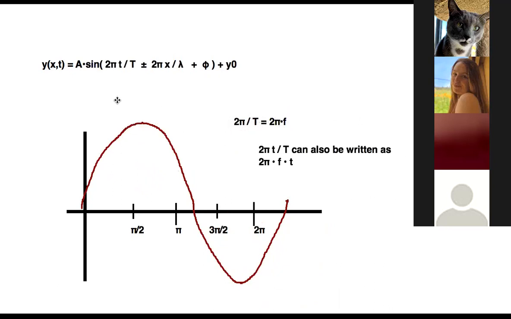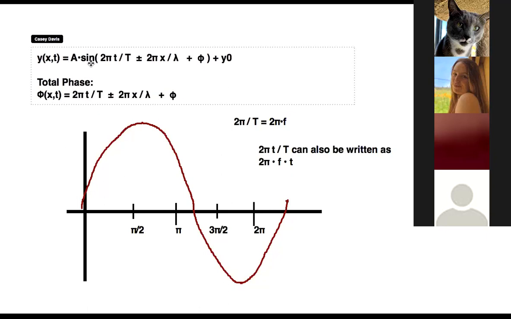In fact, let's investigate that a little further. This whole thing inside the sine function is called the total phase, usually written as a Greek capital phi. And note that that is itself a function of x and t.